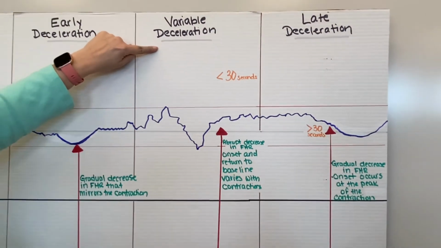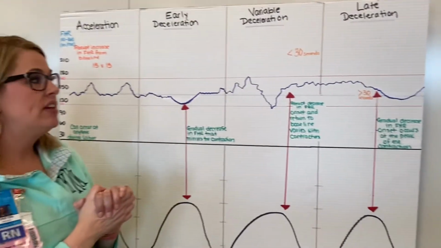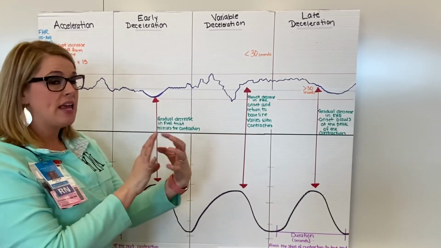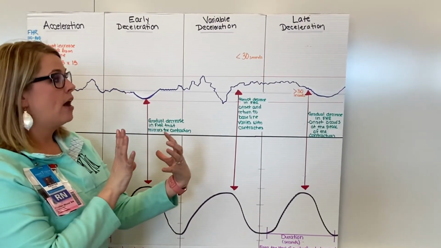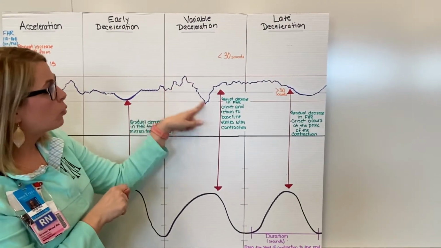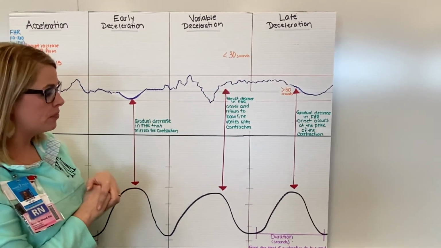Variable decelerations occur because of cord compression. So you have to think somewhere the baby's umbilical cord is being compressed, and when that umbilical cord compression happens, it causes an abrupt decrease in the fetal heart rate, causing the variable deceleration.